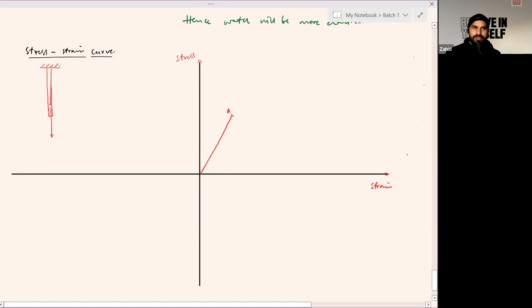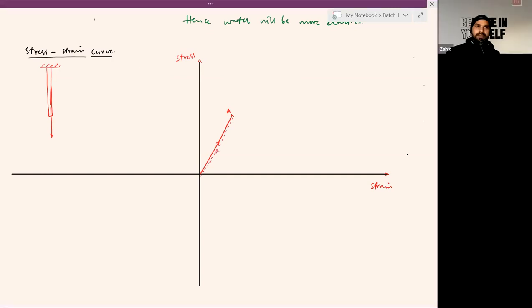If you stretch this rod up to point A and the deforming force is removed, the object has the ability to go back and acquire the exact configuration it had initially. Is it clear? Yes, sir.